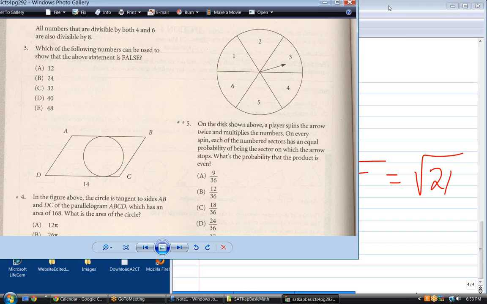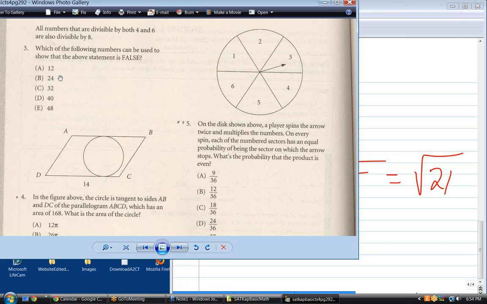All numbers that are divisible by both 4 and 6 are also divisible by 8. That's a false statement. Which number proves that that's false? 12. Right. Because 12 is divisible by 4 and 6, but it's not divisible by 8. So that's all the further we have to look.